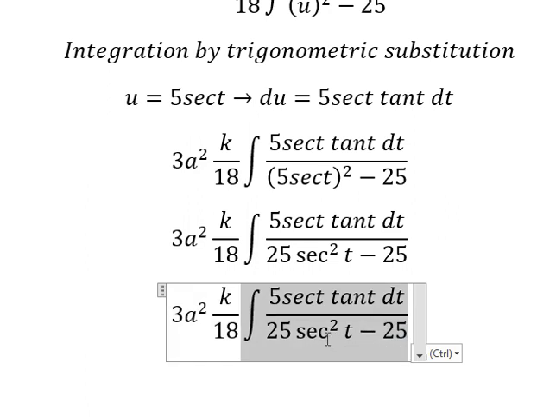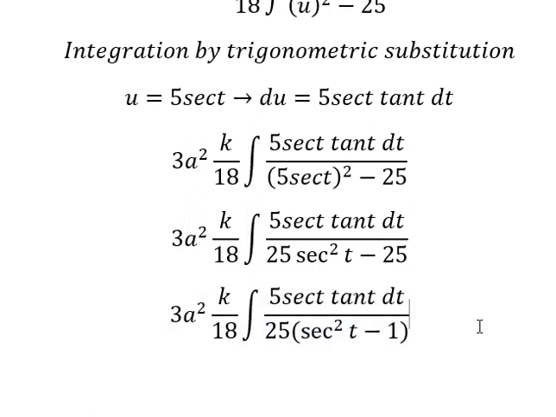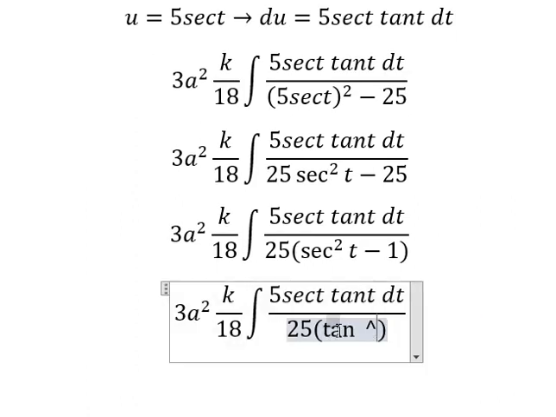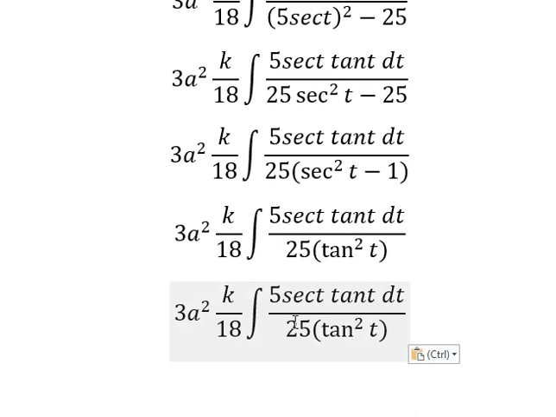25 we can do factorization. This one we change to tan t square. We need to simplify 5 tan t on numerator and denominator.